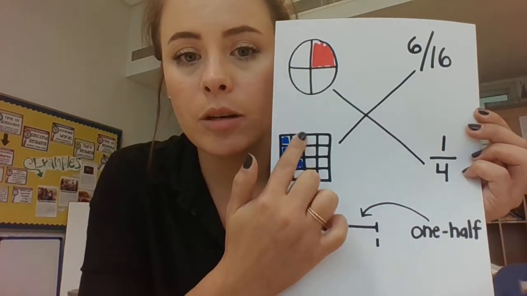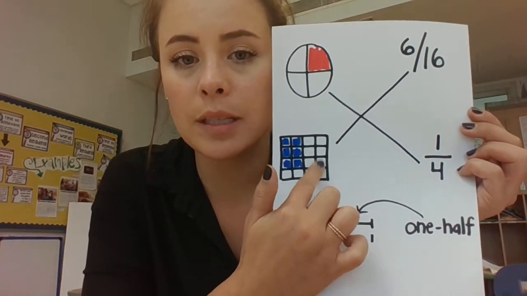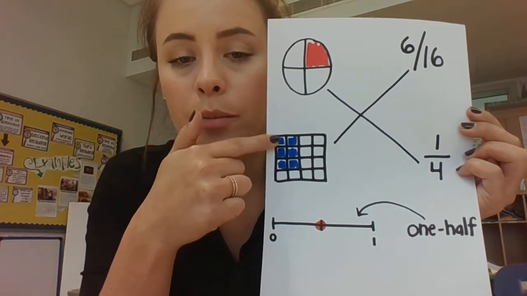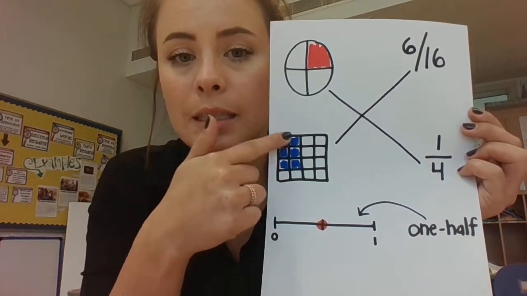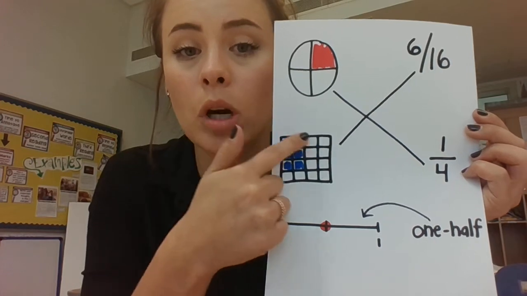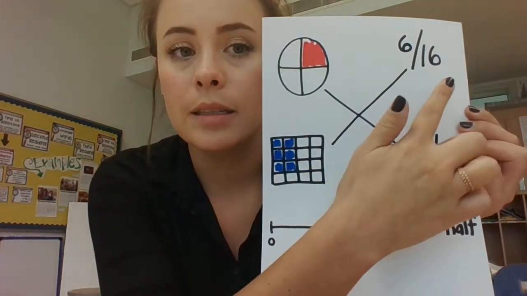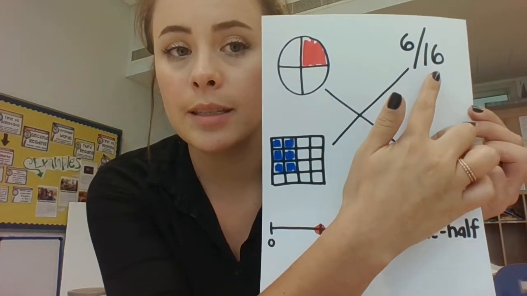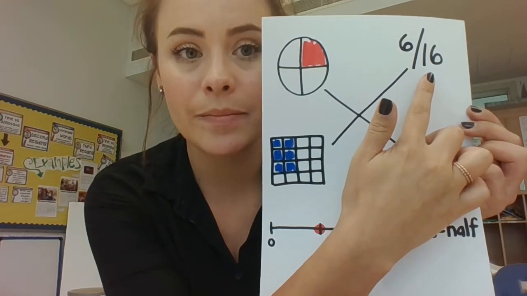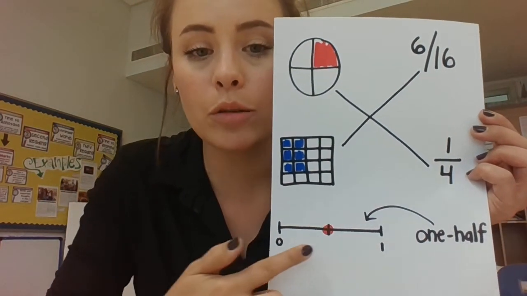This model I noticed had 16 equal pieces and 6 of them are shaded. So I want 6 to be my numerator and the total 16 to be my denominator, 6/16. This one was a little more tricky.